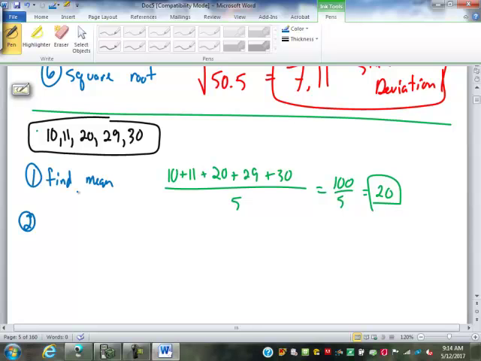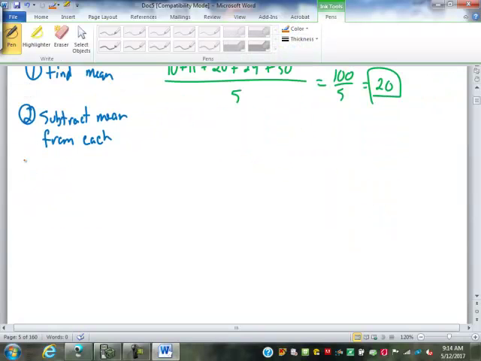What's step 2? Subtract the mean from each number. It's just kind of my preference to write them vertically like this. You might have a different way that works well for you. So I listed all my numbers out. I'm going to subtract 20 from each of them. What is 10 minus 20? Negative 10. 11 minus 20?